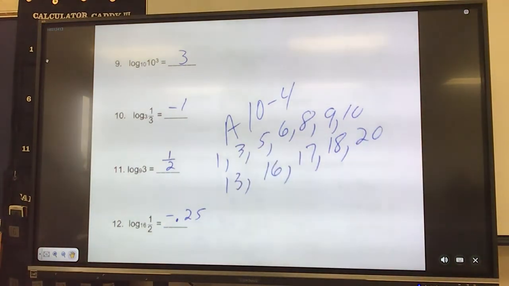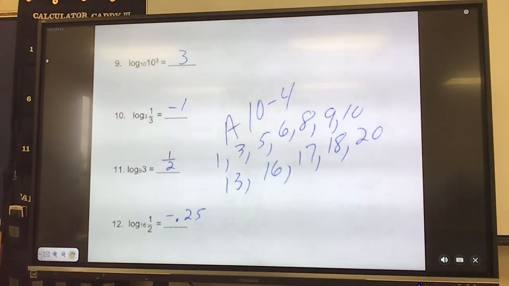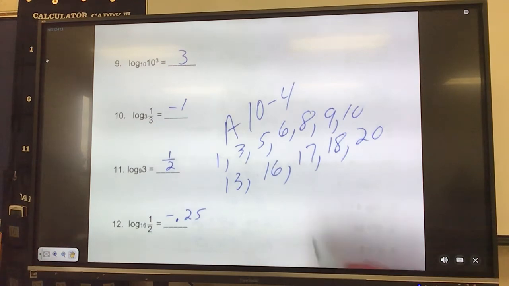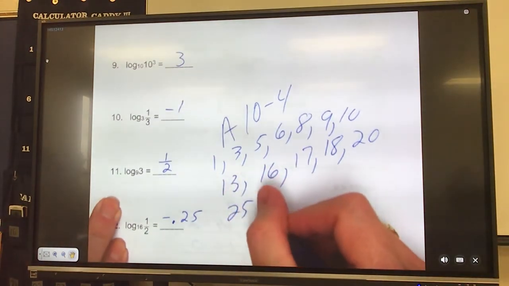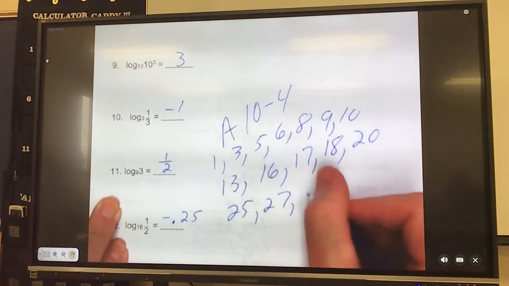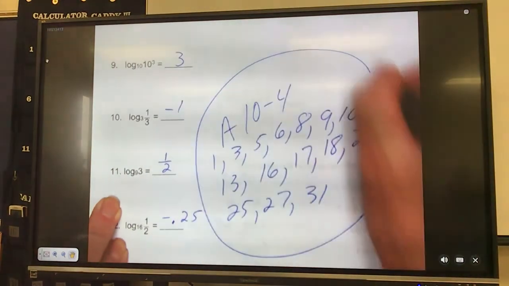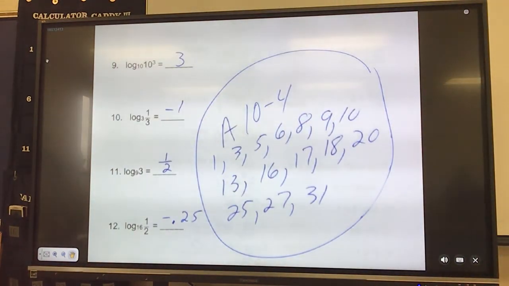Remember, most of them you're just plugging in and hitting enter, or just doing the conversion. 25, 27, and 31. This concludes the notes for 10-4.